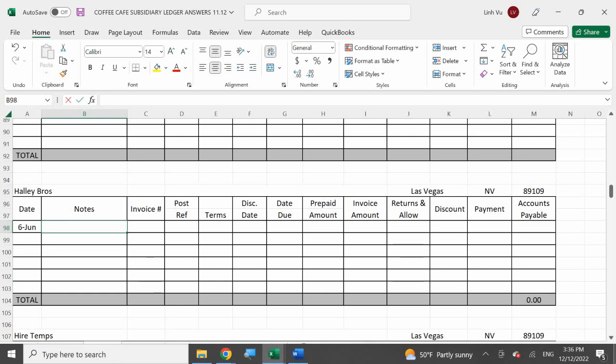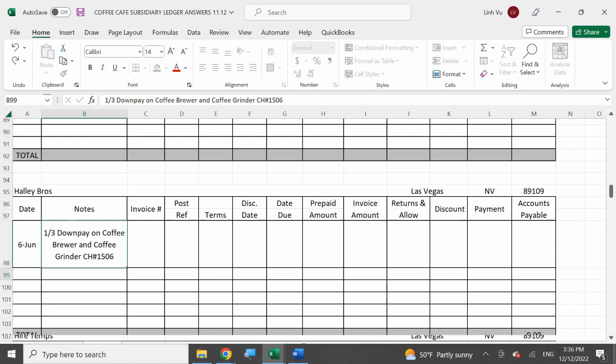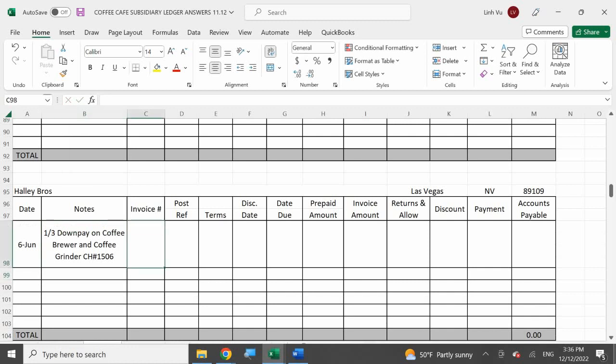I had to make a 1/3 down payment on coffee brewer and coffee grinder, right? Which I wrote a check number 1506 to be proof that I made that down payment. Now, in this case, did I ever receive a bill or an invoice? No, but I do have a proof of transaction, right? That is my purchase.